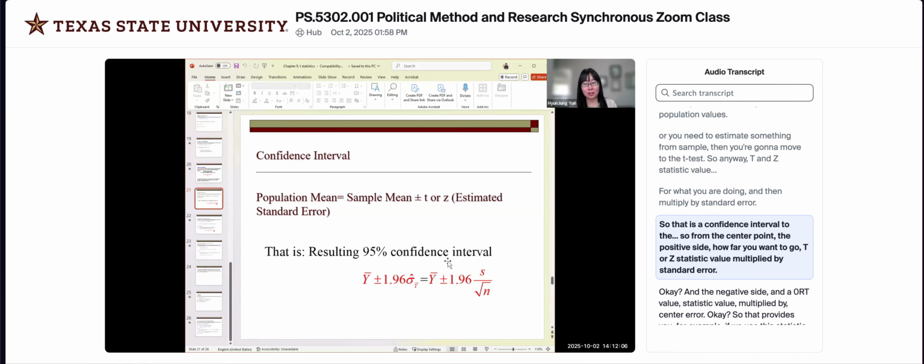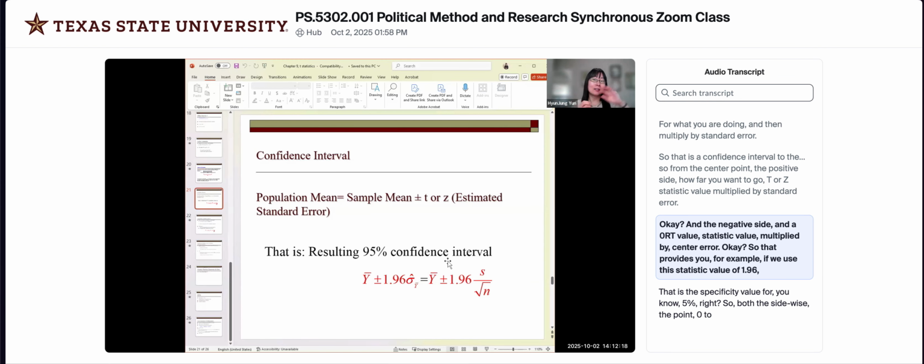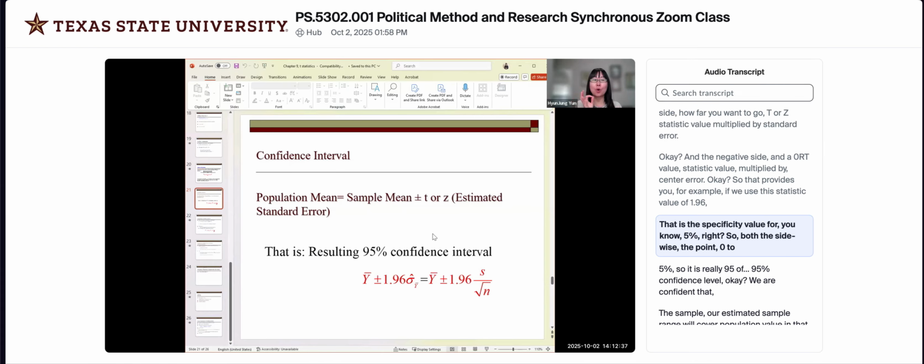So that is a confidence interval. From the center point, on the positive side, how far you want to go is the t or z statistic value multiplied by standard error. Okay, and on the negative side, a z or t statistic value multiplied by standard error. So for example, if we use the z statistic value of 1.96, that is the specific z value for 5%, right?